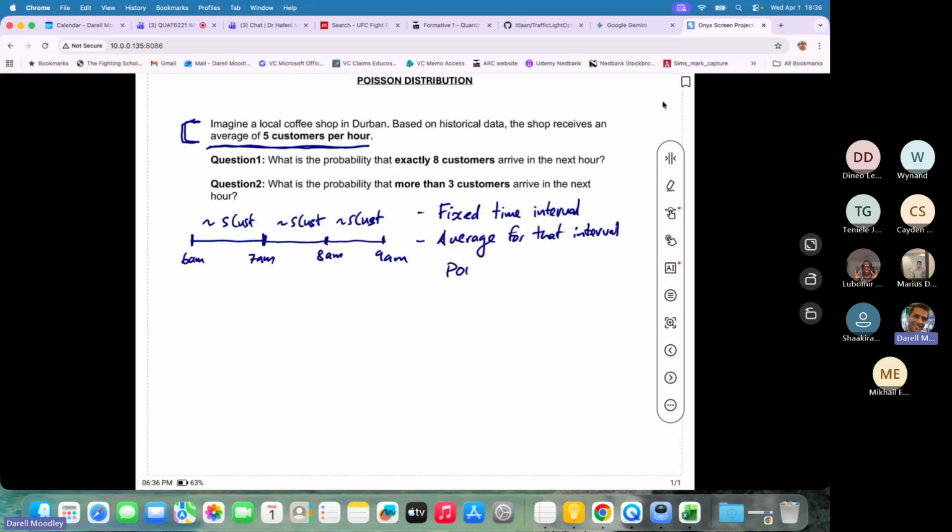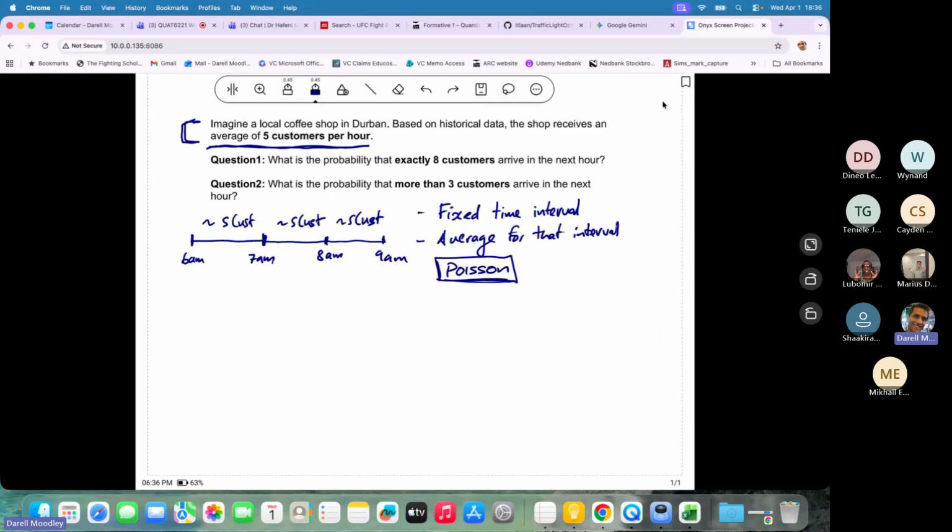That's how you should know it's a Poisson distribution. When you're counting something occurring in a fixed time interval, use that as a guideline to identify whether to use a Poisson. So let's answer the first question now.